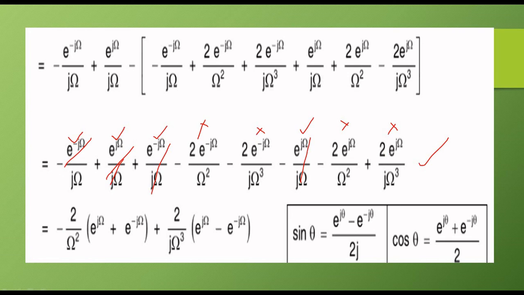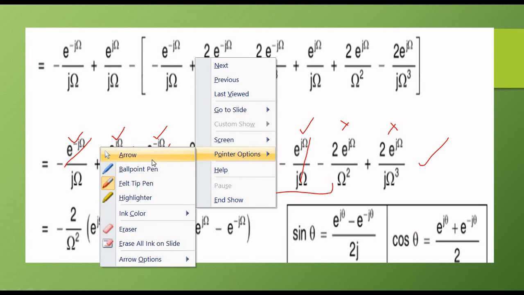And then you have 2 e power j omega by j omega cube. So if you can clearly see, look at the denominators. You have omega squared, j omega cube, omega squared and j omega cube. So pick the omega squared as common.